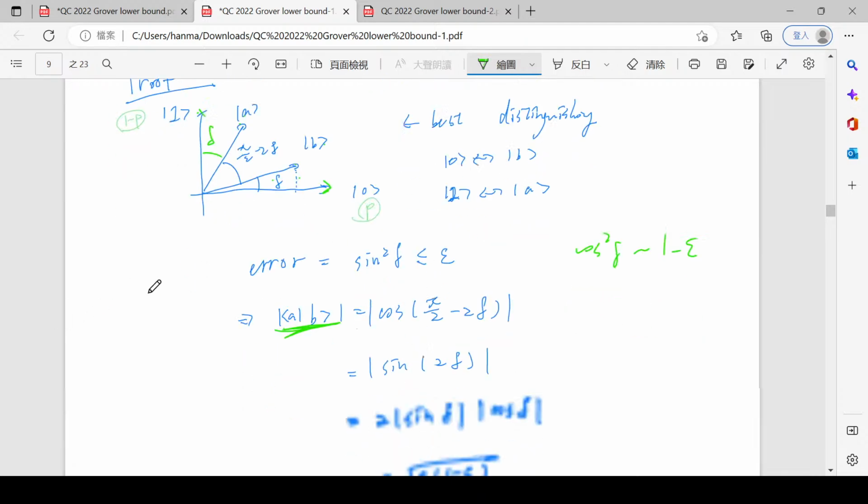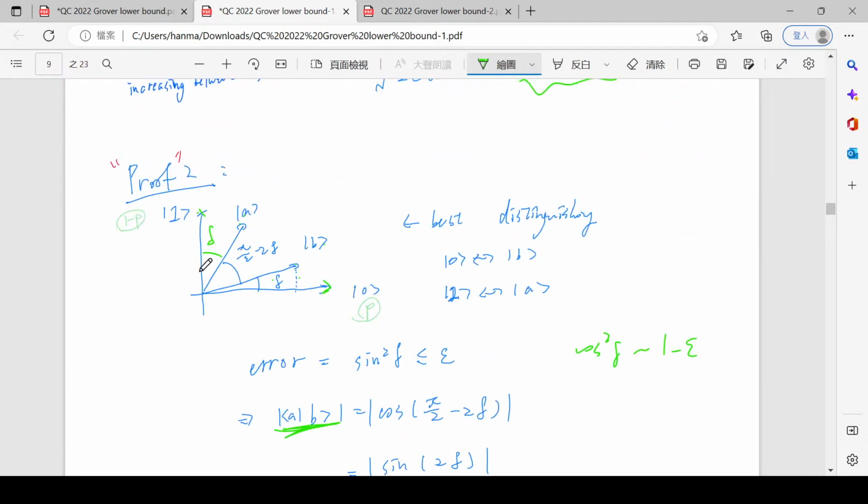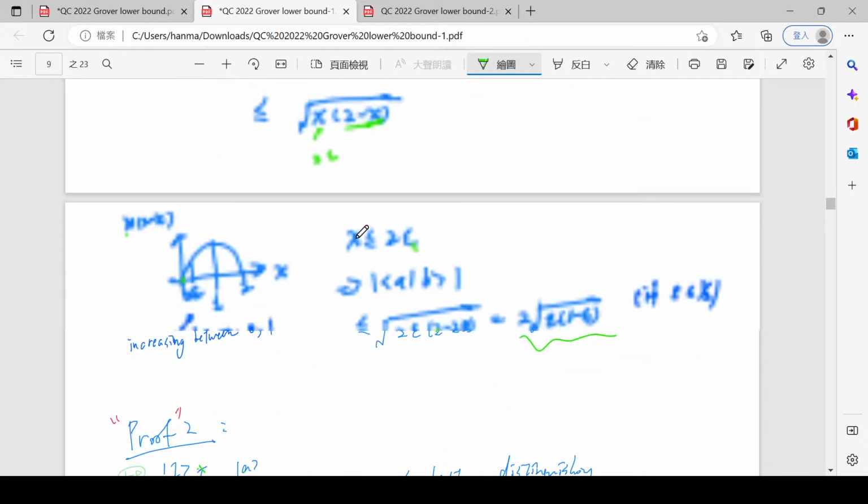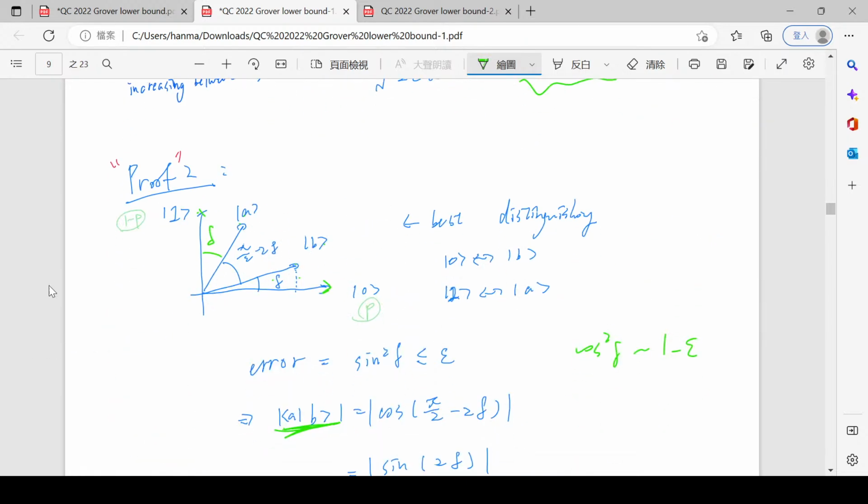And the second way also kind of proves that our bound is optimal. We only have 2 states, A and B, we are trying to distinguish. Then we think the optimal way to distinguish them is probably a very symmetric way. This one is not quite rigorous.